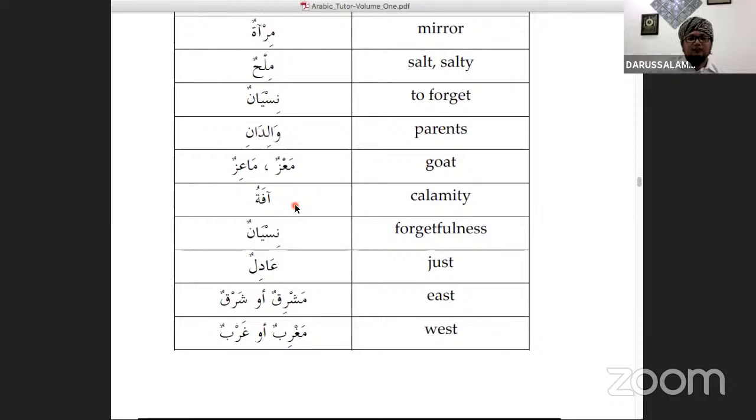Okay, next. Afah. Calamity, which means musibah. Same thing. Afah is musibah. Next. Nisyan again. Forgetfulness.